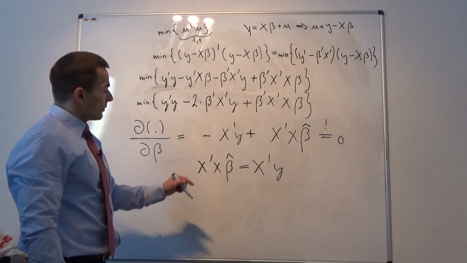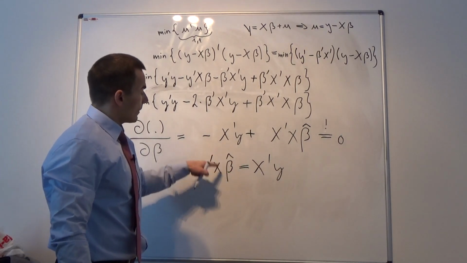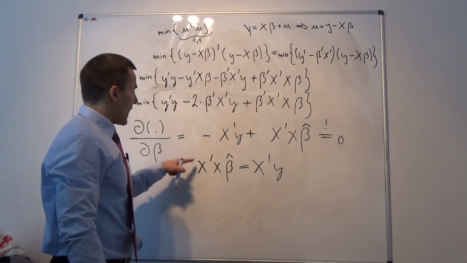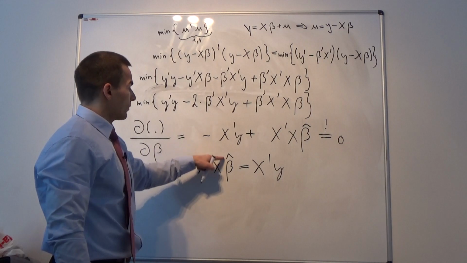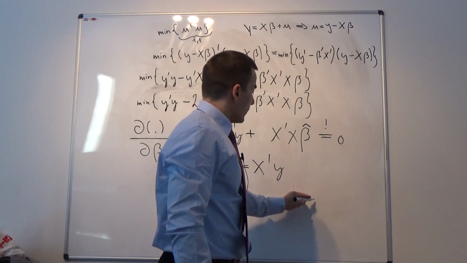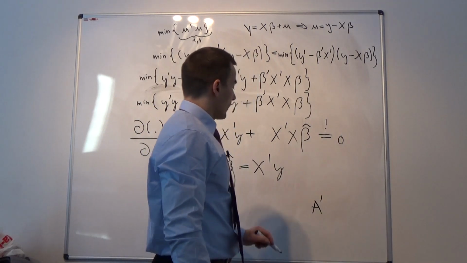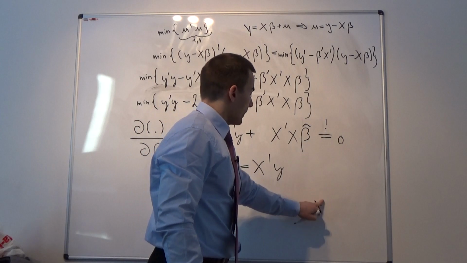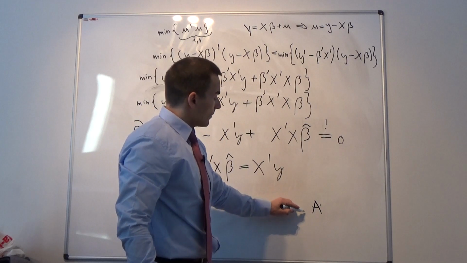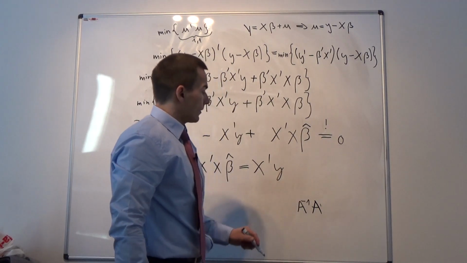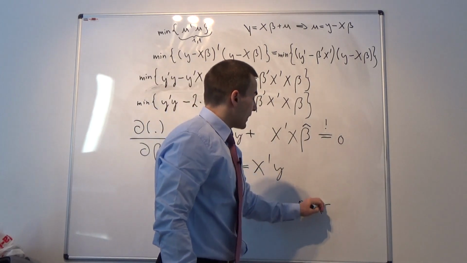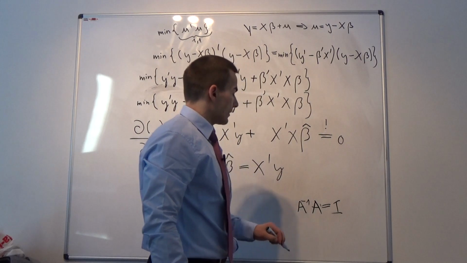So in order to get to our beta hat, what do we have to do? We have to get rid of this X transposed X, which is a matrix product. What we know from linear algebra is, if we have a matrix A and we multiply it with the inverse, and it doesn't matter if we multiply from the left-hand side or the right-hand side, what we get is the identity matrix.